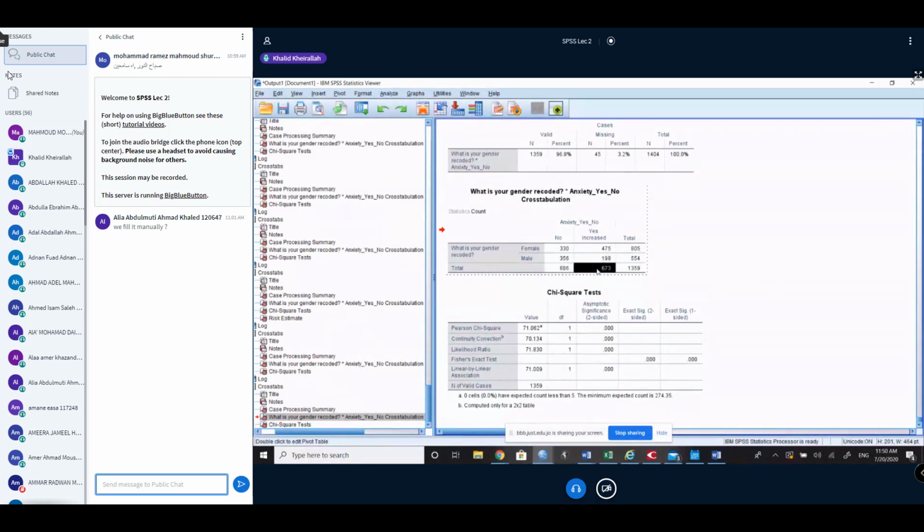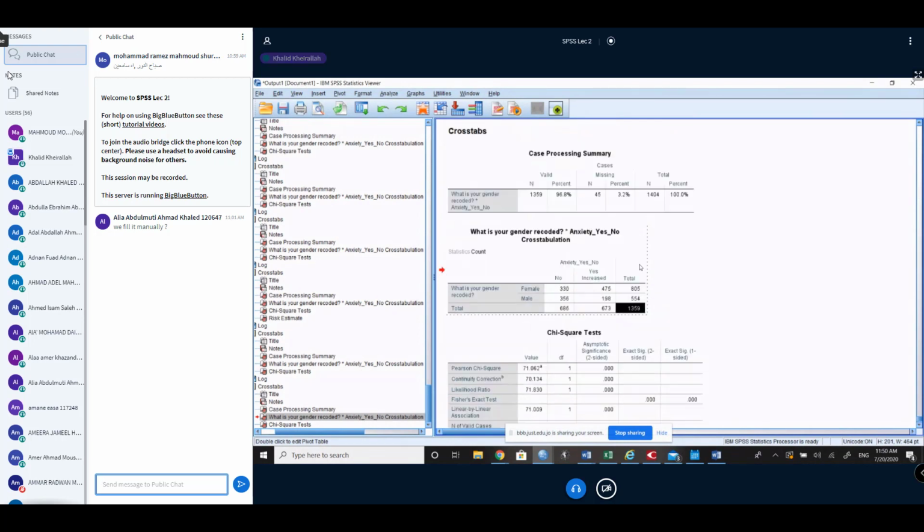This is the number you're going to divide it by. So you divide 330 divided by 686. 475 divided by 673. So the 100% are going to be at the column level. If you want to do it by the total, you divide the 330 divided by the total, which is 1359. Each of these you divide it by the total and you call it the total.